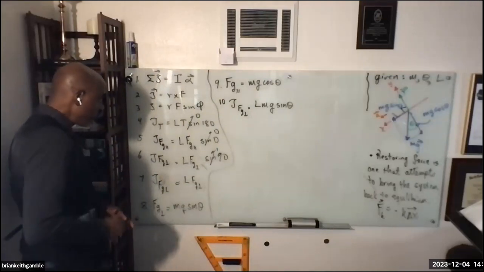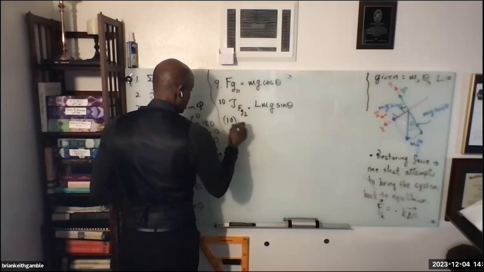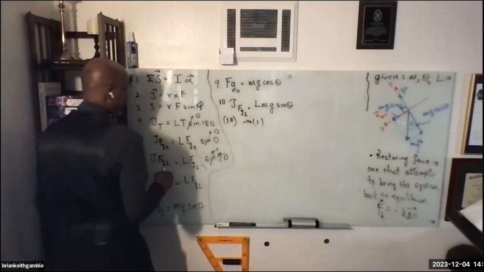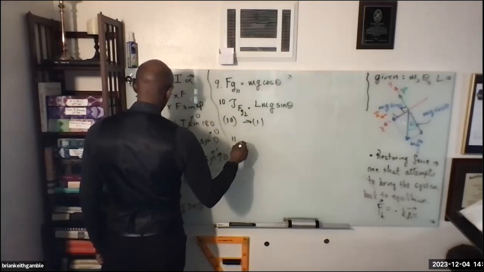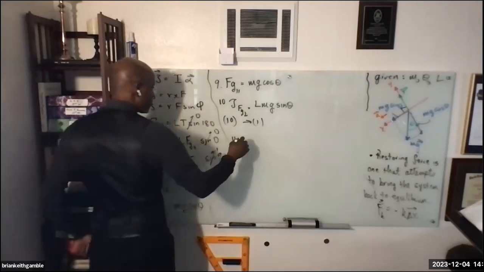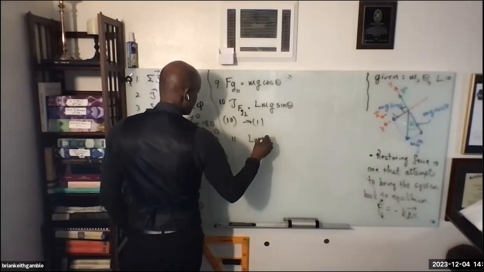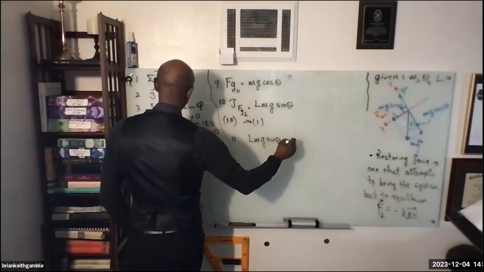So let's go ahead and put that in. Let's substitute equation 10 into 1. And we've got the left side of Newton's law figured out. Almost. So 11. And we're dealing with magnitudes here. So we have a magnitude L mg sine theta equals I alpha.